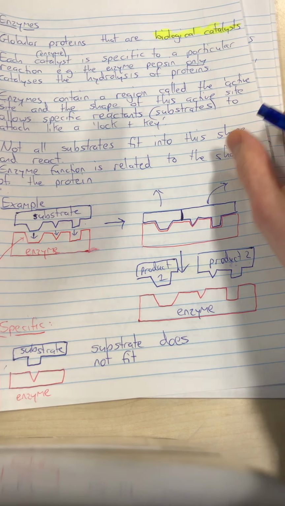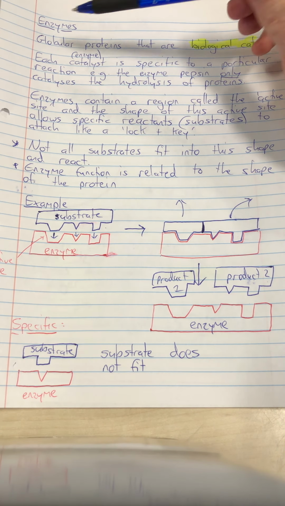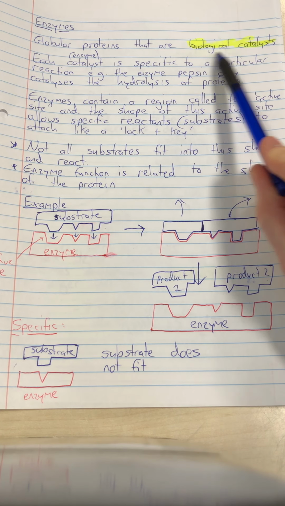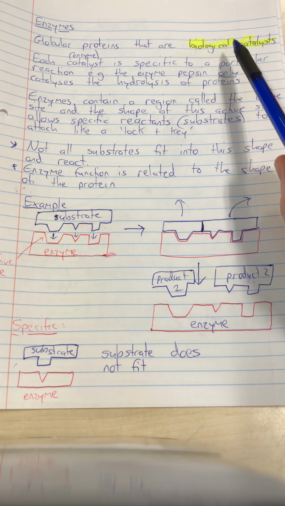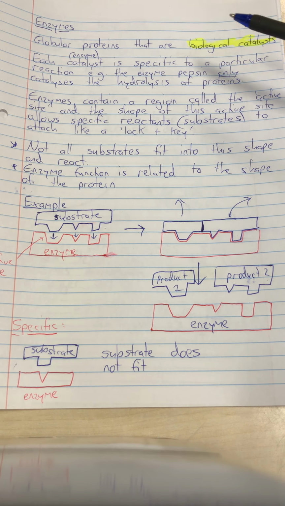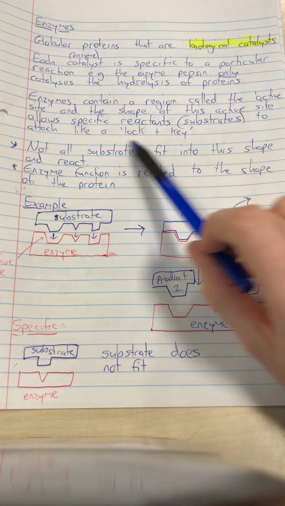Next part, we spent quite a bit of time on enzymes. They are globular proteins and they are biological catalysts. Make sure you know that, biological catalysts. Each enzyme is specific to a particular reaction, so each one enzyme works for one reaction and that's it. Then you get another enzyme that works for another reaction and so on. That's because they've got this lock and key mechanism.